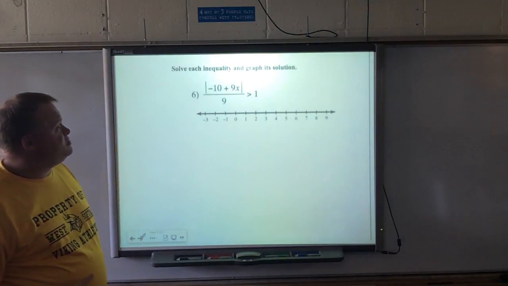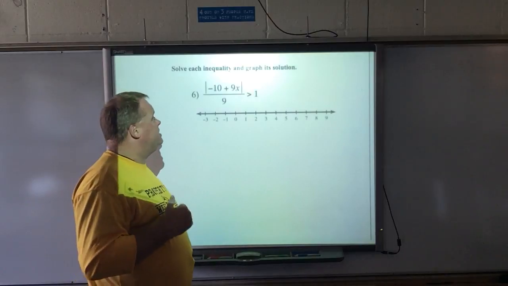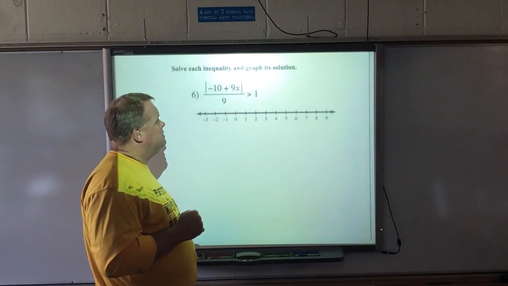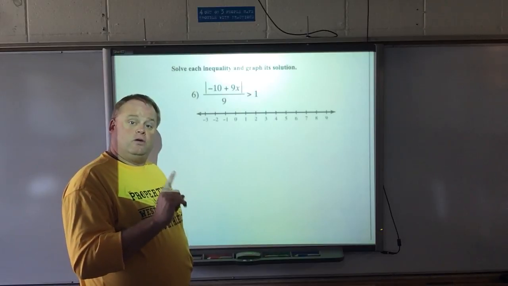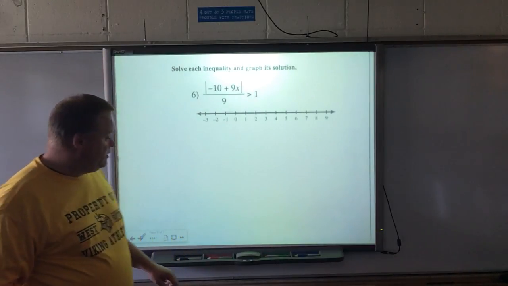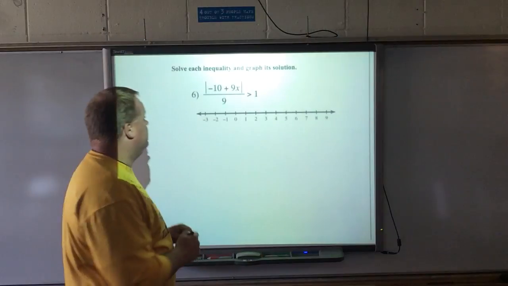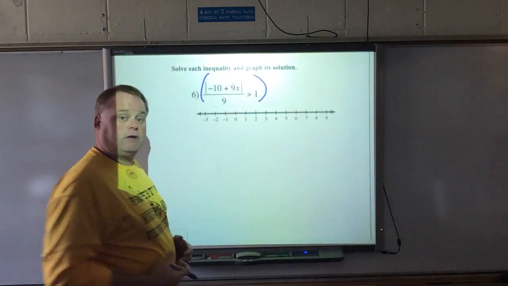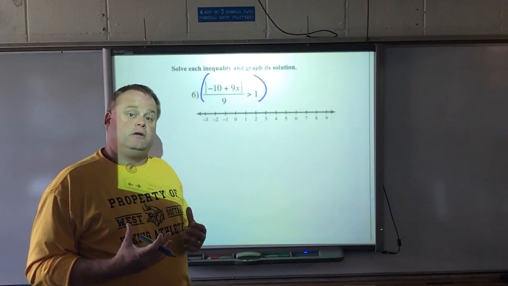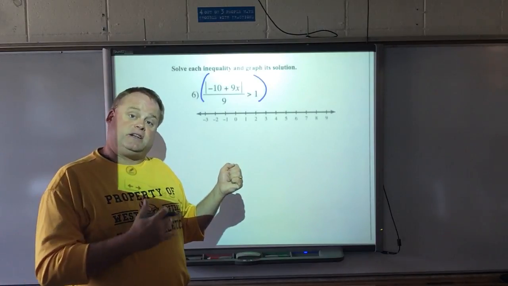I have absolute value of a negative 10 plus 9x, all divided by 9, set to greater than 1. Well, I know that I have to get rid of the denominator first, right? And like when I was multiplying, I had to divide.